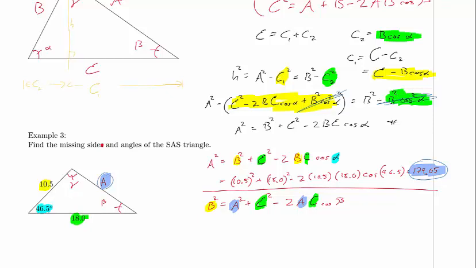When we do this, we have that beta equals the inverse cosine of a squared plus c squared minus b squared, all divided by 2ac.